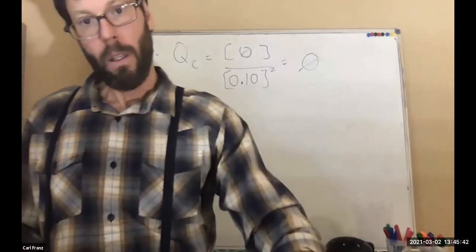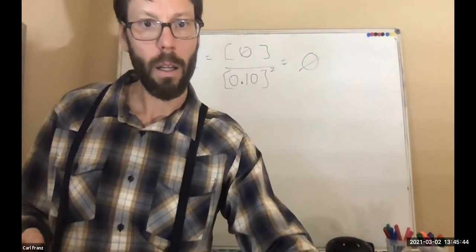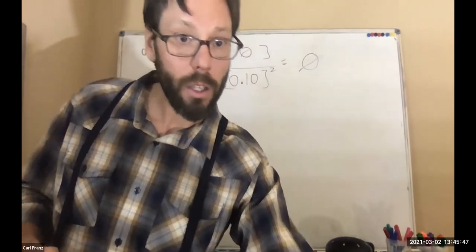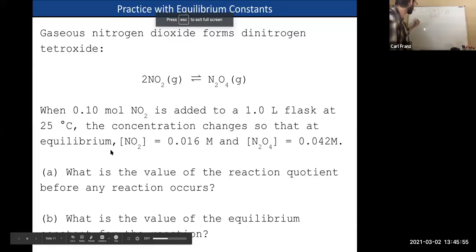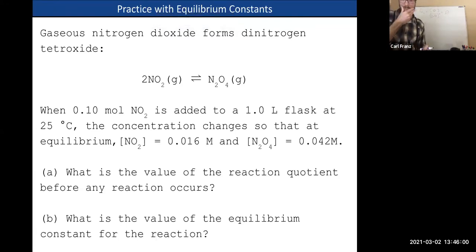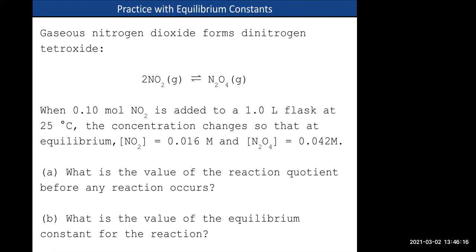Now, the second part, this is the part where I'm going to let you do yourself. It says, what is the value of the equilibrium constant? So now we're wanting to solve for K. They give us the concentrations at equilibrium. So what would we do there? 0.042 over 0.016.